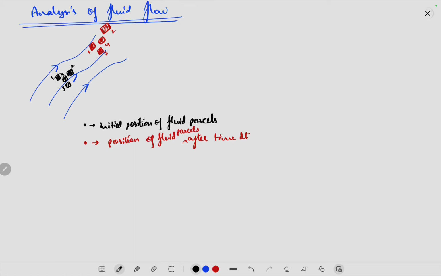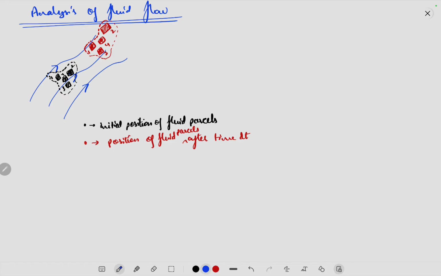Now let's say this is a boundary consisting of these fluid parcels, and similarly this would be the boundary consisting of these fluid parcels.